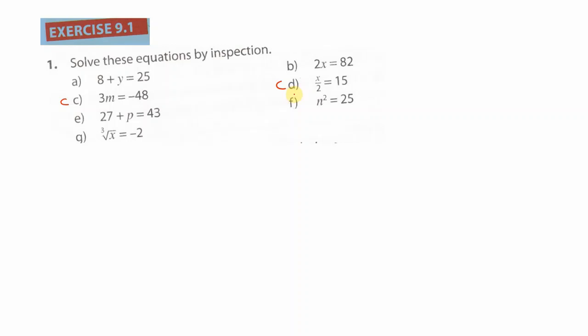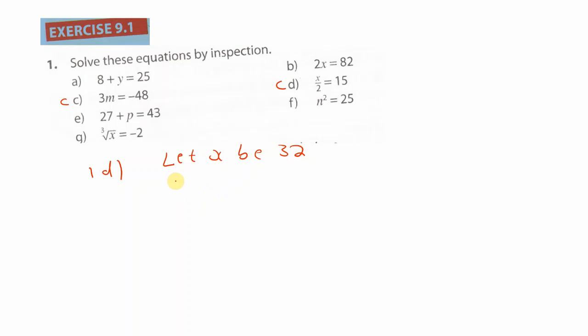Let's do one other one, number D. So we need to have a number and divide it by 2 to get 15. I'm sure most of you already know the answer. I'm just going to play stupid for a while and say let x be 32.